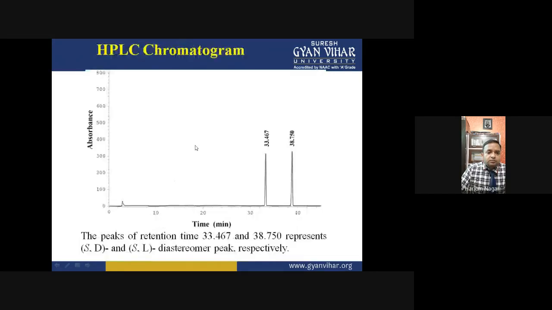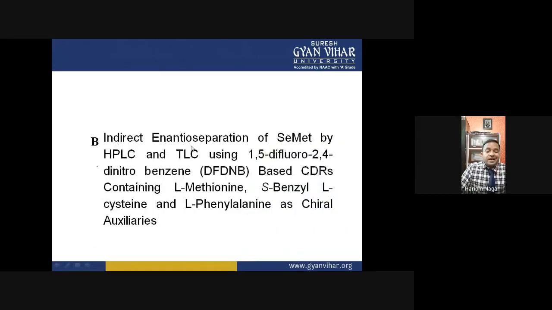Now, the second process is indirect enantioseparation of selenomethionine using 1,5-difluoro-2,4-dinitrobenzene, DFDNB, based CDRs. The short name of 1,5-difluoro-2,4-dinitrobenzene is DFDNB.